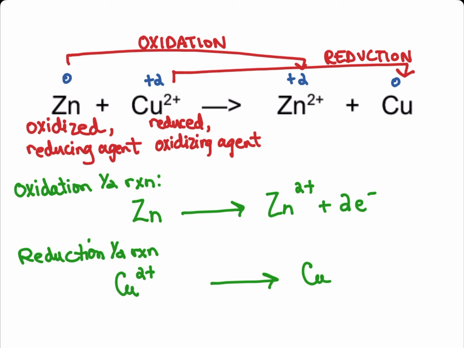There is a total charge of plus 2 on the left side, and there's a total charge of 0 on the right side. So I have to add 2 electrons to the left side. Now I have a total charge of 0 on the left and a total charge of 0 on the right. And that is the definition of reduction. Reduction is a gain of electrons.